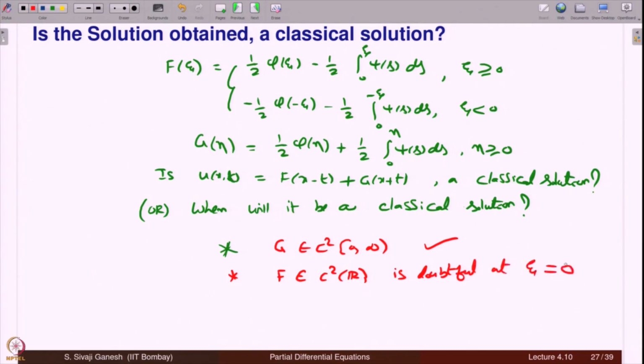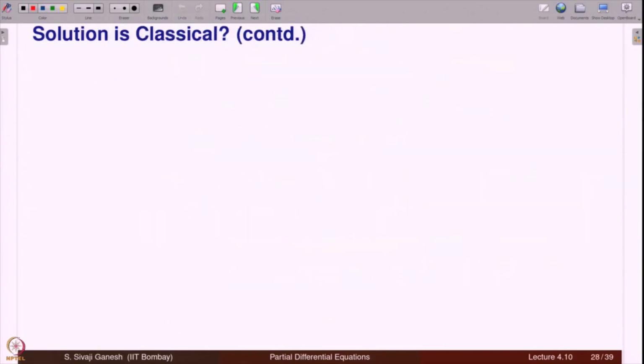In terms of x, t, it is on the line x equal to t, there is some doubt. Otherwise, there is no problem, for this function is nicely defined. Only at the interface xi equal to 0 there could be some issues. So we will analyze that. Okay, let us analyze that.